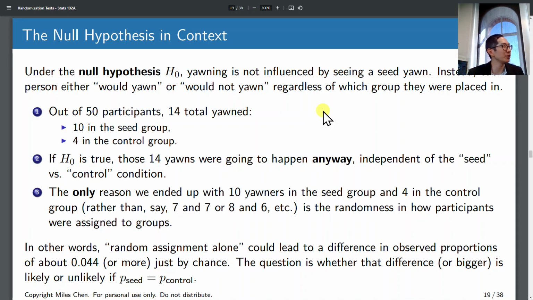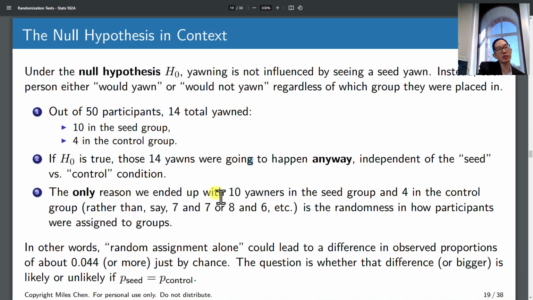They were going to yawn no matter what, whether they were in the control or the treatment group. So out of the 50 participants, 14 people in total yawned. We happened to get 10 in the seed group and 4 in the control group, but if that null hypothesis were true, those 14 people were going to yawn anyway, independent of whether they were in the seed or the control group.